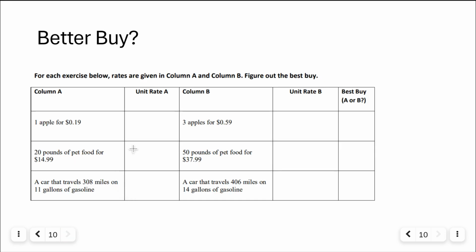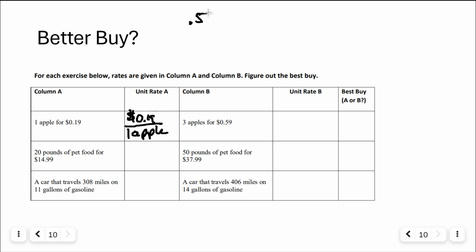Okay, same idea. So now let's figure out the better buy between these. 1 apple's 19 cents, 3 apples are 59 cents. So the unit rate would be 19 cents per 1 apple. It already is a unit rate. 3 apples cost 59 cents. All right, so which is the better buy? There's a couple ways you could do this.